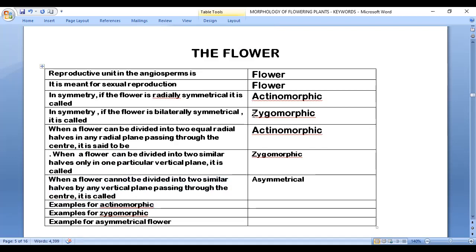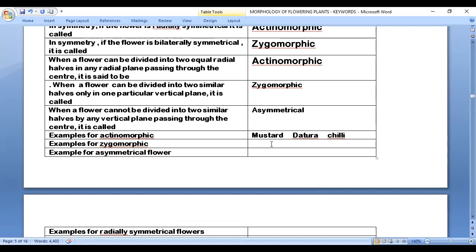Examples for actinomorphic: mustard, datura, and chili.